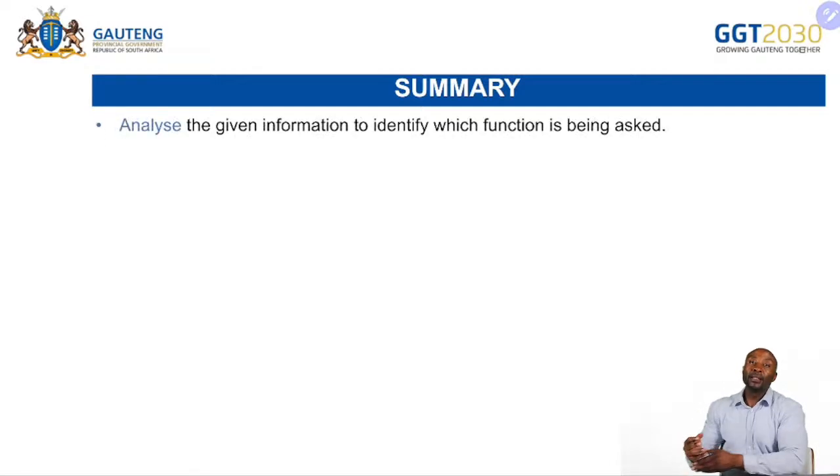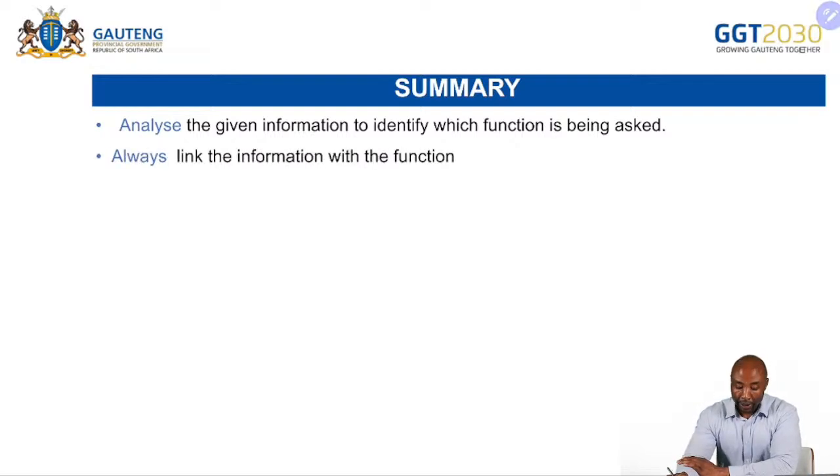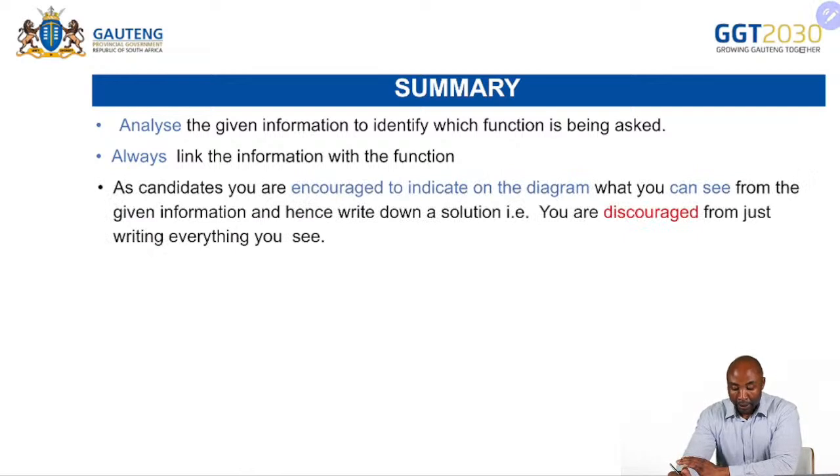So, in summary, we have looked at the importance of analysis. Whenever you are given a question, analyze the information that is given. You link information with the type of function that you are working with. We are encouraged to indicate on the diagram what we can see from the given information, and we write down the solution from there.